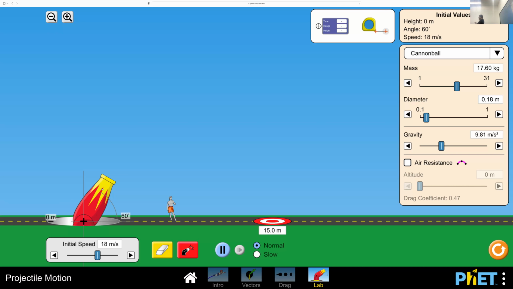Let's do the theoretical aspect, and then validate whether the practical aspect is working or not. So what are you supposed to do? The range is expected to be 15 meters. So R is equal to 15, which is U square sine 2 theta divided by G. So U is what you need to calculate, where I fix the angle of projection to be 60 degrees with respect to the horizontal.